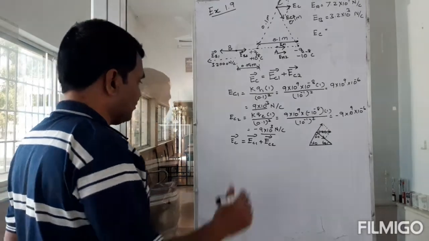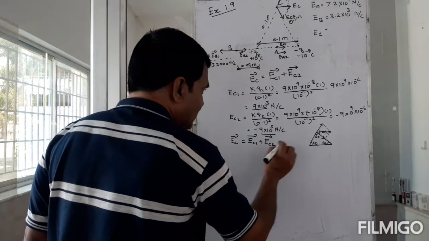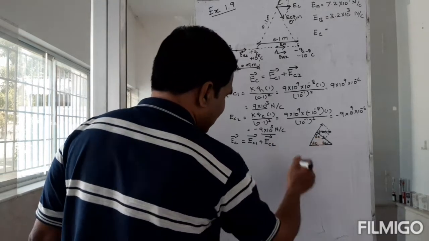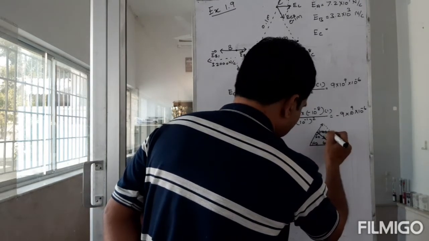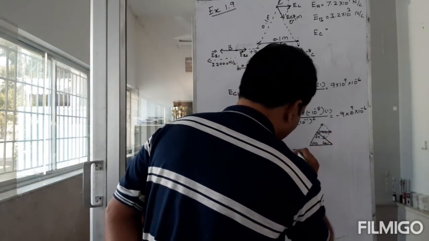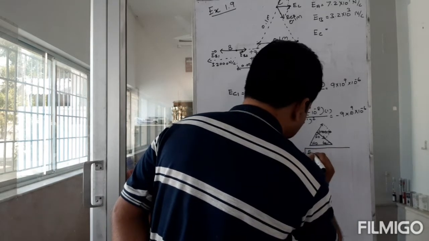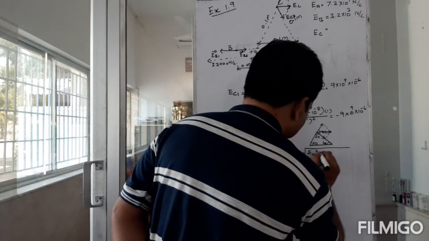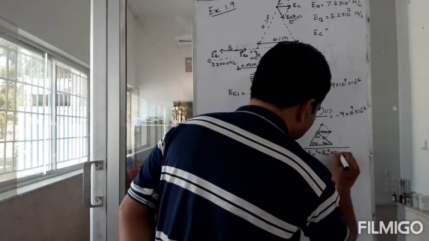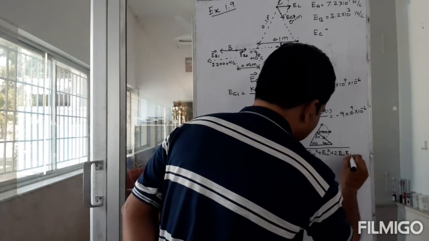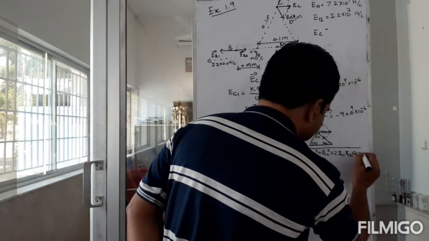So the point is, what is the magnitude of this? E is equal to the square root of EC1 square plus EC2 square plus 2 EC1 EC2 cos 120.